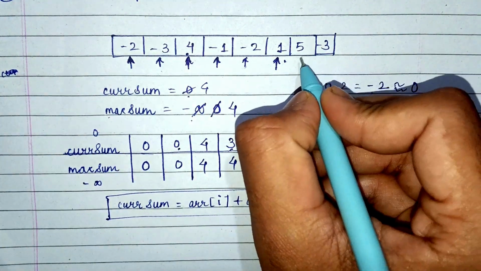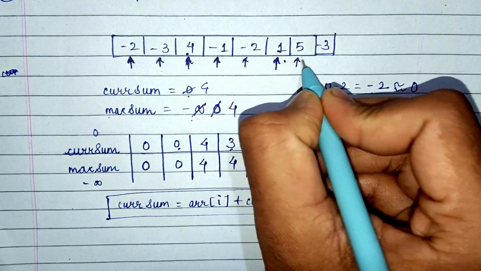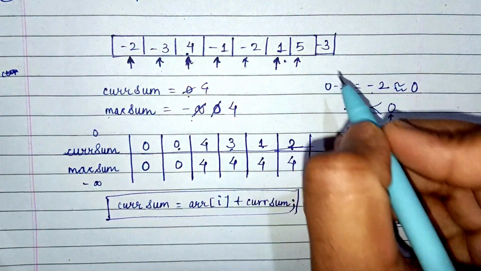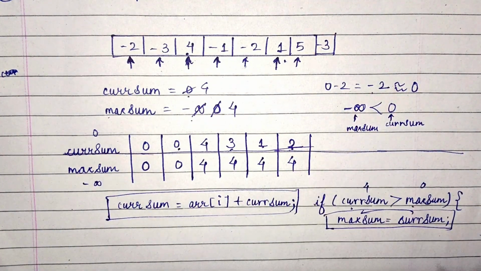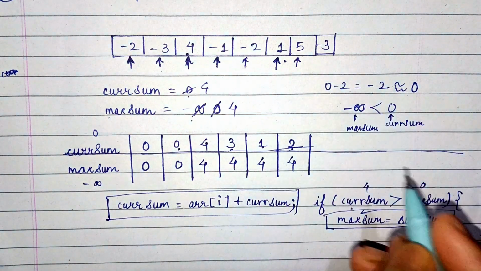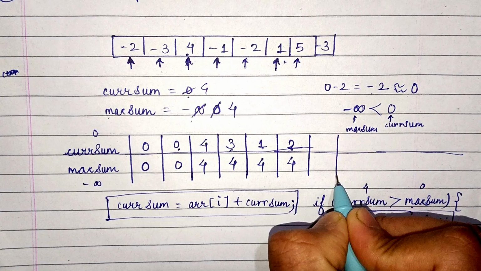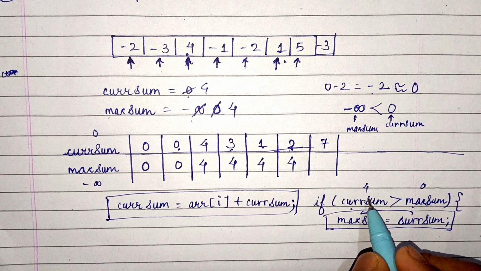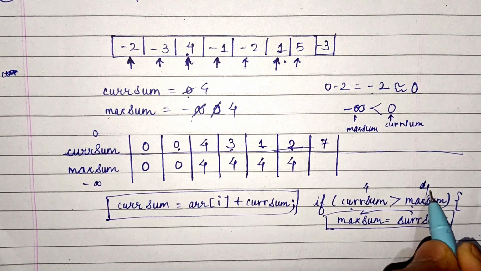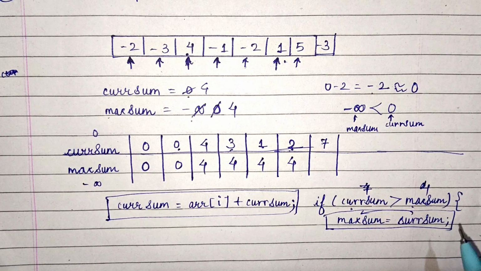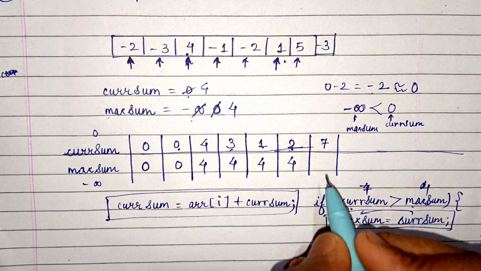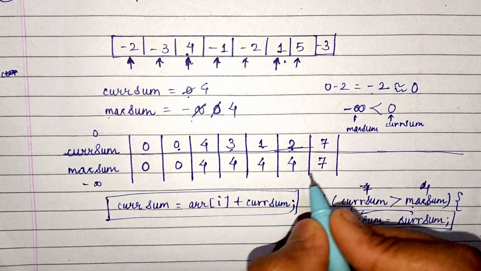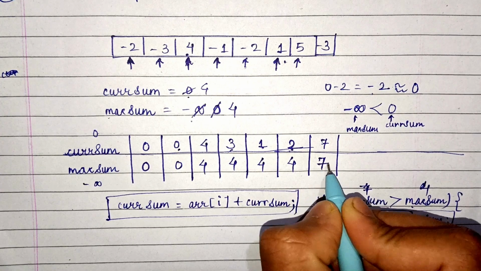Then the compiler will go to the next element and add. The current sum is 2 and the array of I is 5, so it will be 7, and it will compare. The maximum sum is 4 and the current sum is 7, so obviously it gets updated and the maximum sum becomes 7.